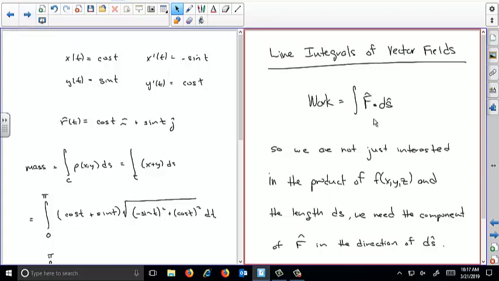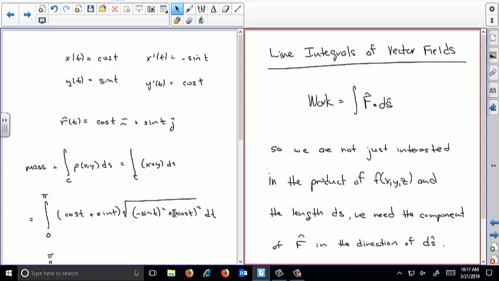You're going to be given a force vector, a function of x, y, and z, or x and y, depending upon the number of dimensions. And then the ds vector, we're somehow going to have to figure out how to write that. In this one we have the square root of x prime of t squared plus y prime of t squared.